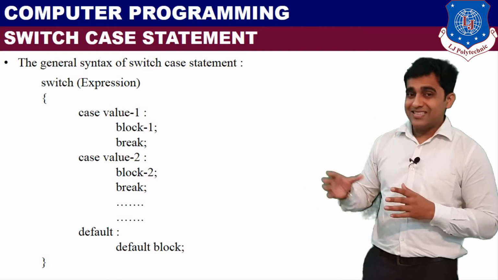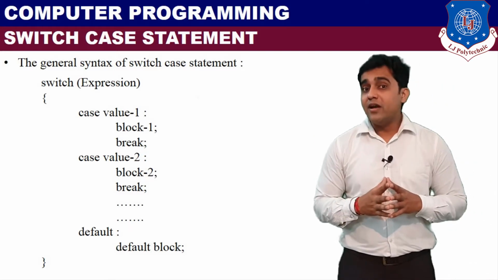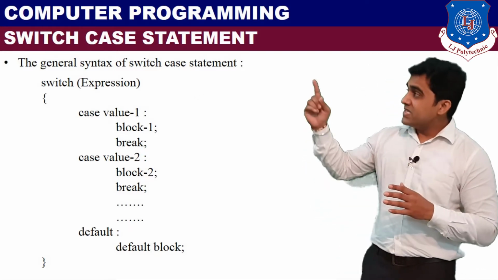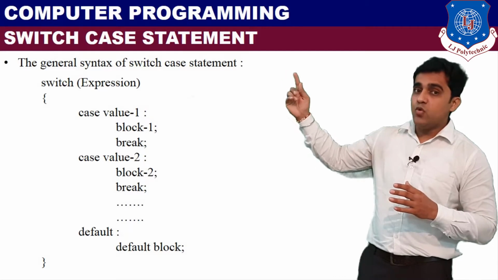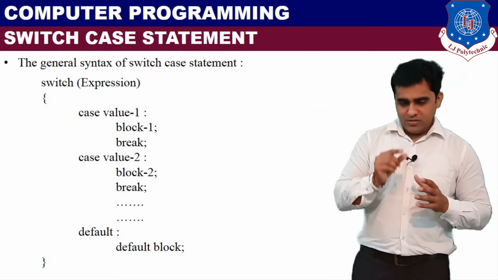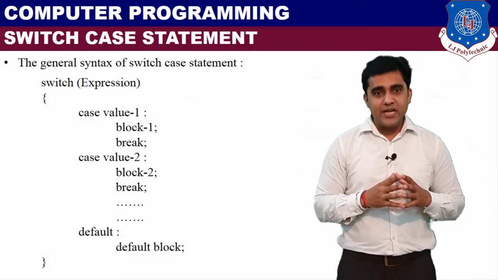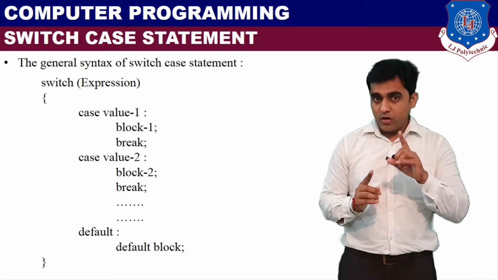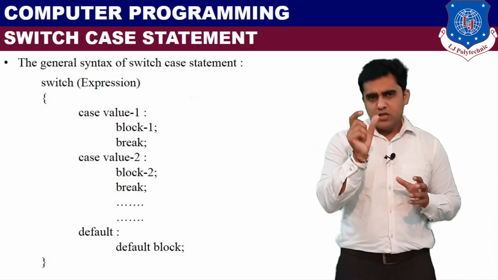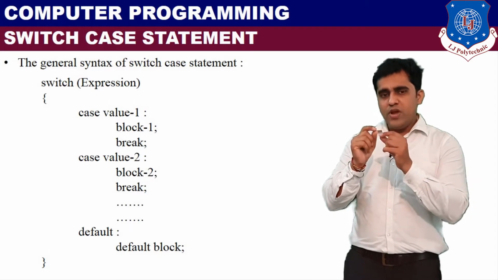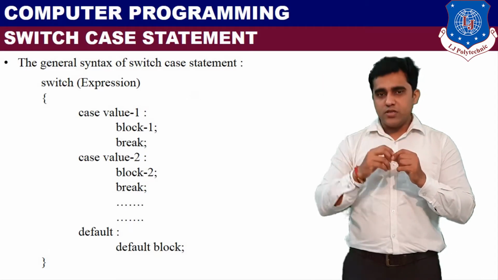So switch, then expression, then curly bracket, then case space value 1 colon. The case statement will be terminated by a colon, not a semicolon, colon. This value 1 will be checked with the expression.